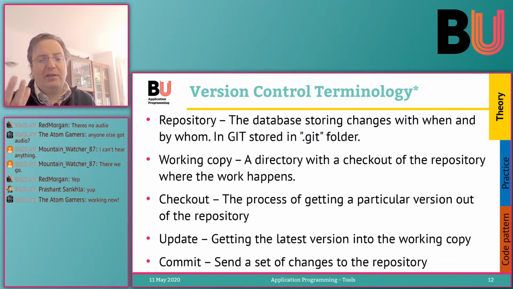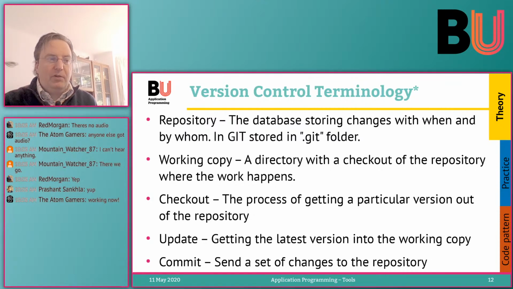That also comes to the idea of the checkout operation, where you basically get a particular version out of your repository. Often, rather than say I want the version with a particular identifier, I want the master one. That uses the master tag that is automatically set to the latest version, or the master branch name.